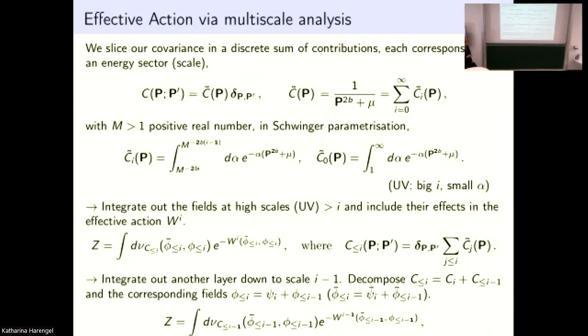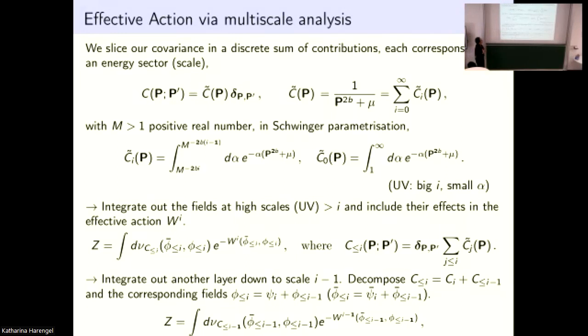So for the multiscale analysis, I give you here the covariance propagators in Schwinger parameterization. What we are doing with the multiscale analysis is slicing up the propagators so that propagators become sensitive to the scale. This way you can subtract counterterms precisely, etc. You can do a good renormalization group analysis.